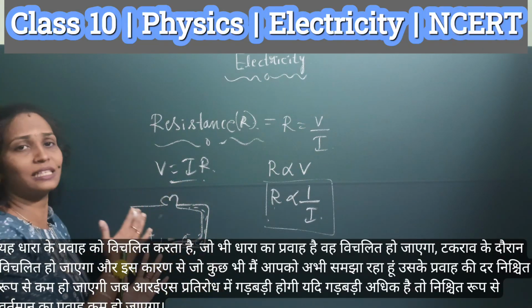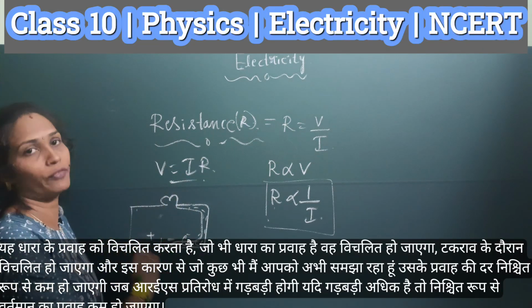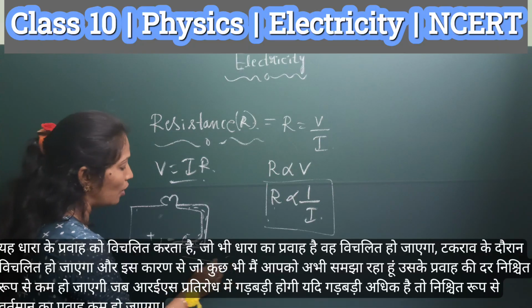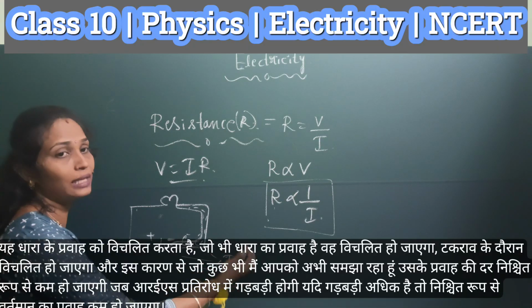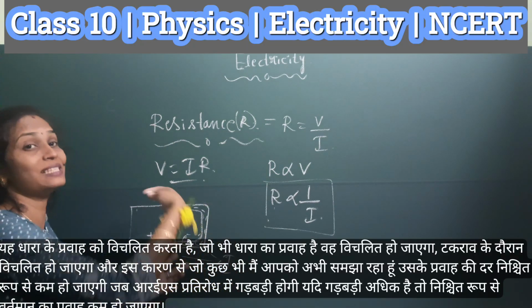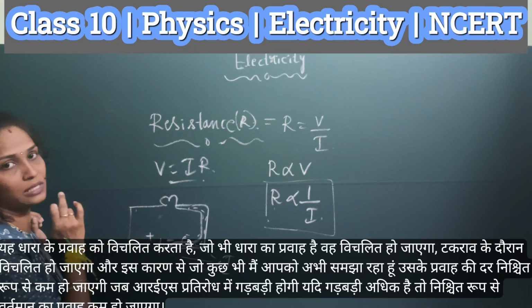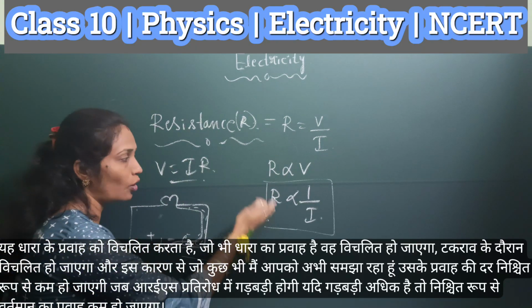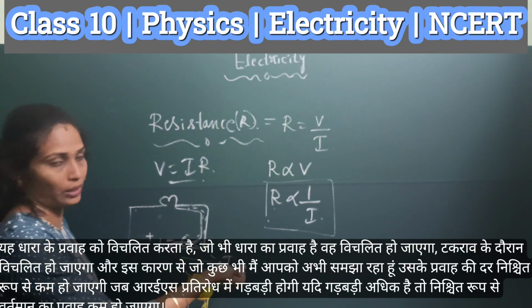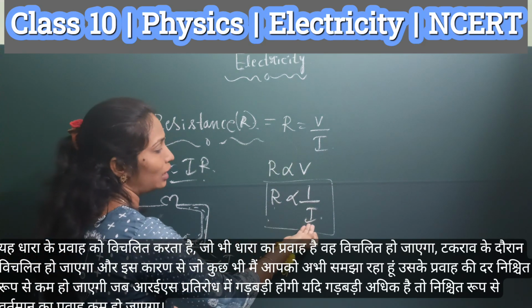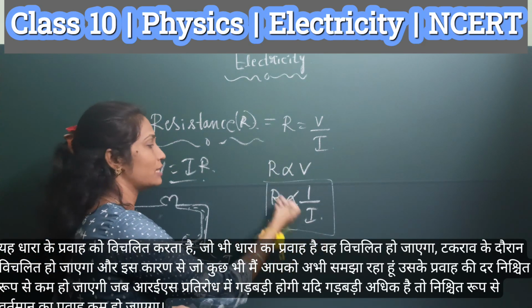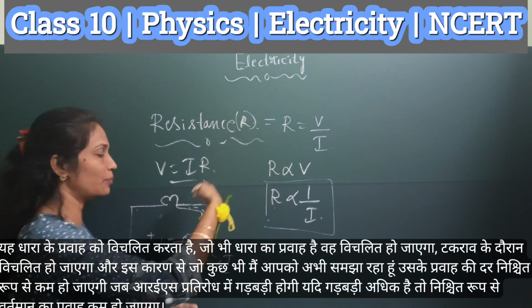It distracts the flow of current. The flow of current will get disturbed during the collision. Because of this, the rate of flow of current will definitely decrease.